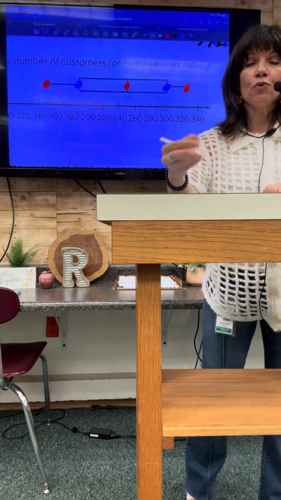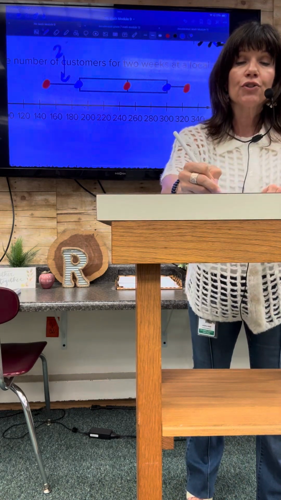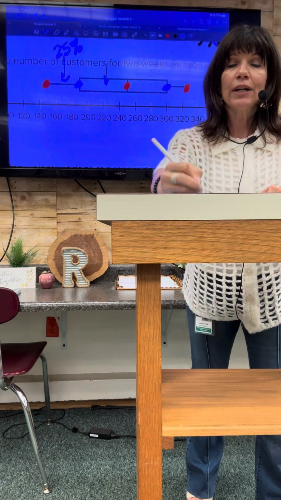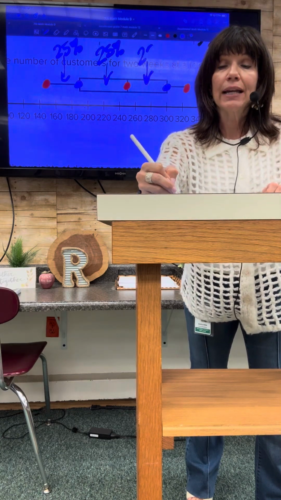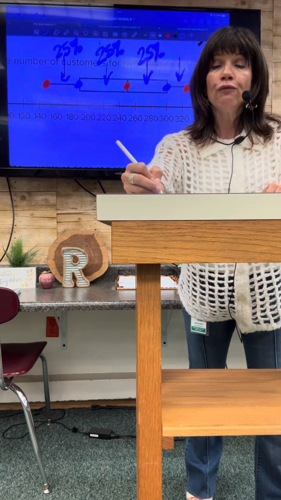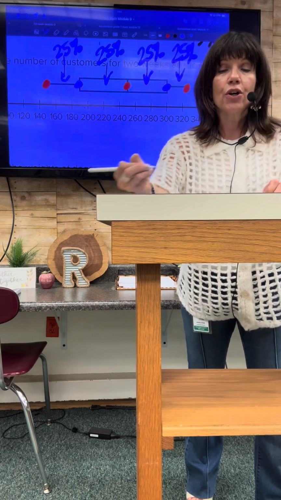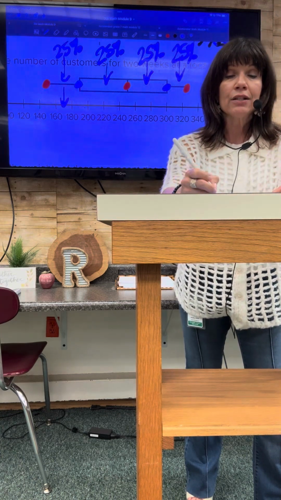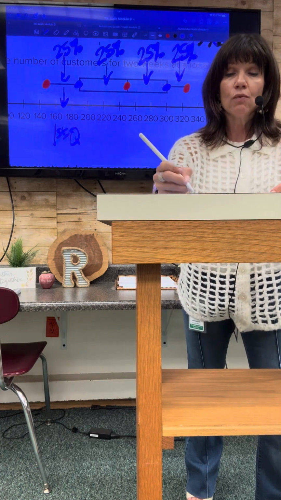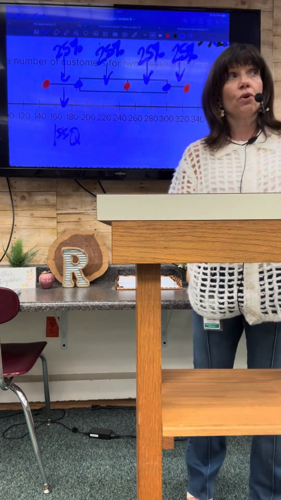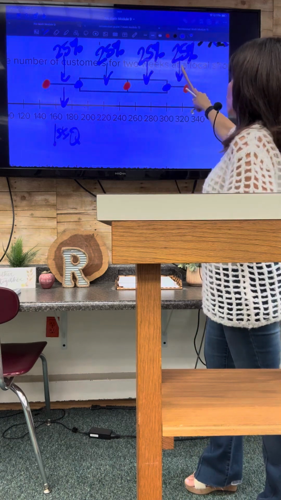So your first 25% of data occurs right here. Your second 25% of data occurs here. Your third 25% of data occurs here. And your fourth 25% of data occurs here. So the first one is your first what? Quartile. The second one is your second quartile, third quartile, fourth quartile.